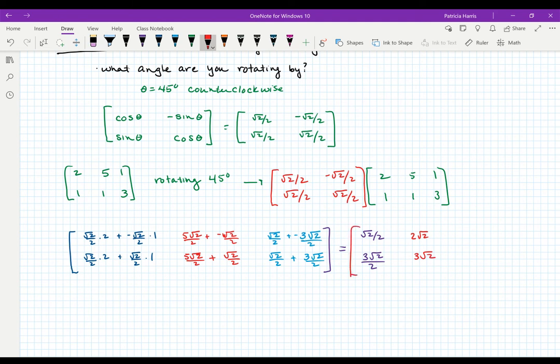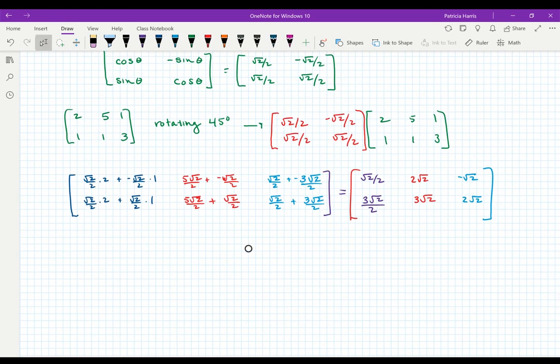Again, I'm using my calculator. Okay, so now I'm going to decimal approximate everything. And I'm just going to do to the tenth.